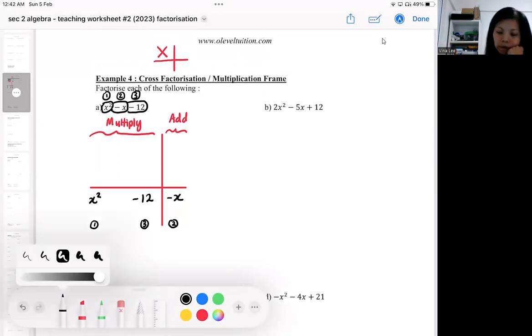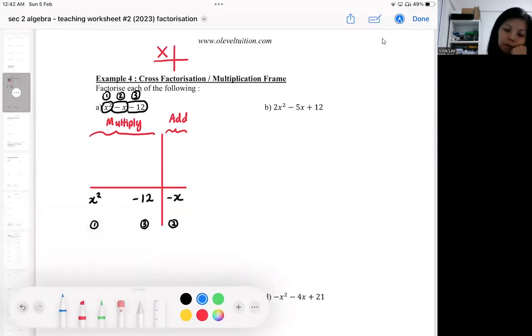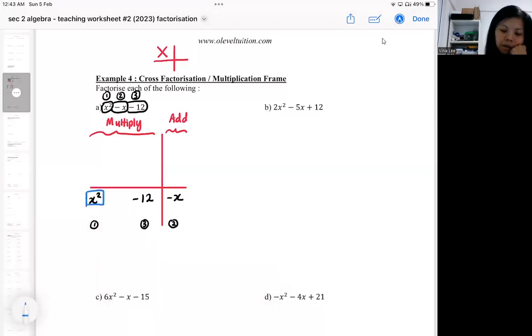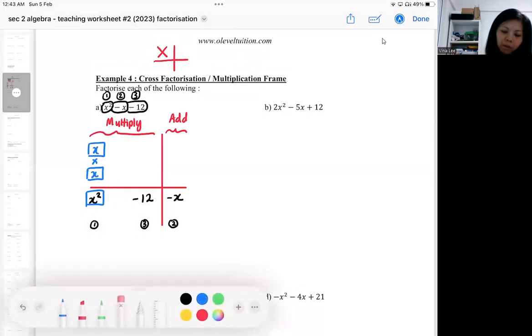Okay, so in the multiplication zone, this is what you're trying to do. You try to find something times something to give you x squared, which is quite obvious, that is just x and x. The difficult one is minus 12.